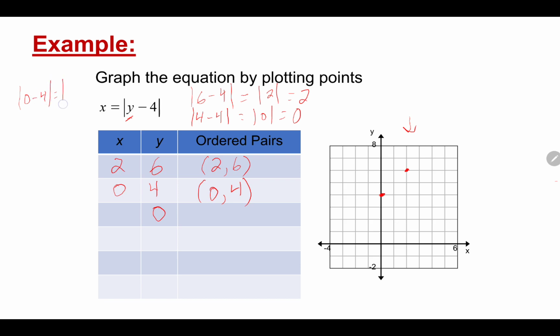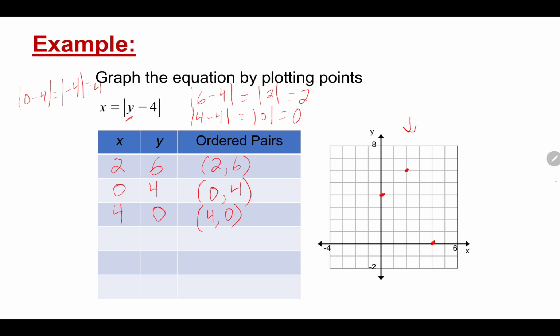Well, that's going to equal minus 4, which is going to equal 4. So at x equals 4, I'm at 0. 4, 0. So if I go to 4, 1, 2, 3, 4, I'm at 0. Okay.